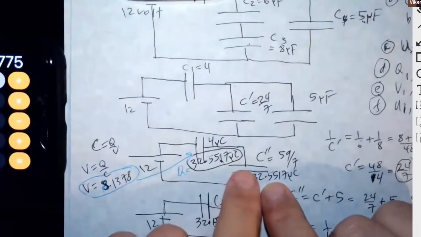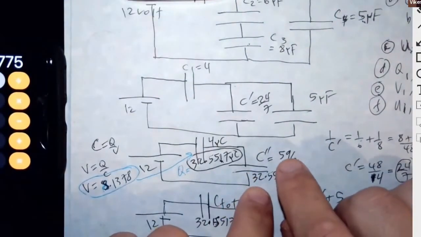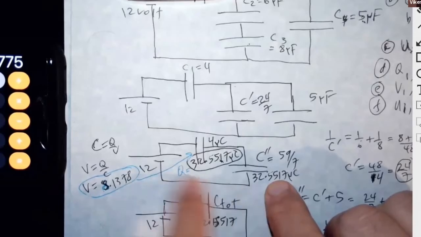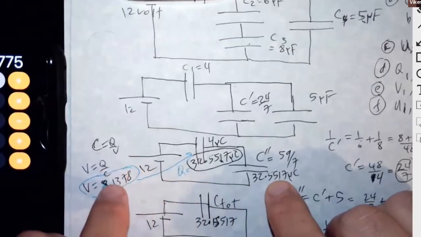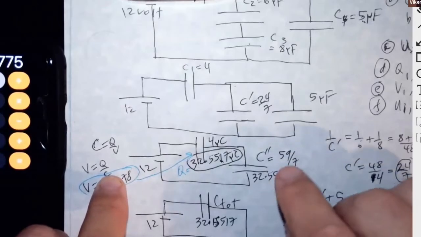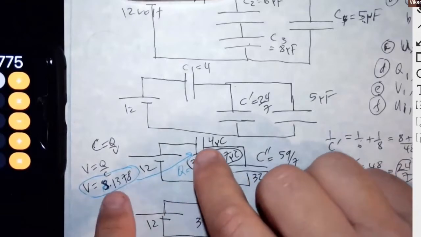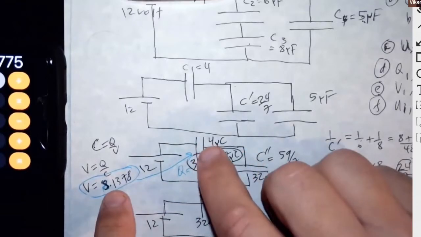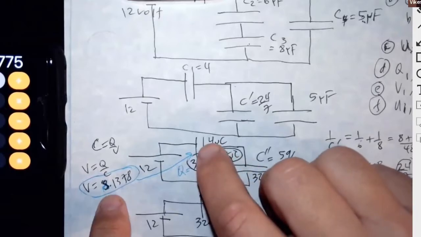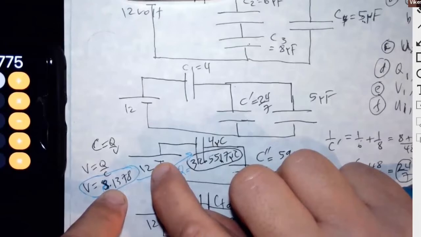I could say, I know its capacitance and I know its charge, then I could say charge divided by capacitance. Then I could divide this number by this number to get its voltage. Or I could argue that the voltage of that should be whatever number is needed to add to this voltage to give you 12. You see?